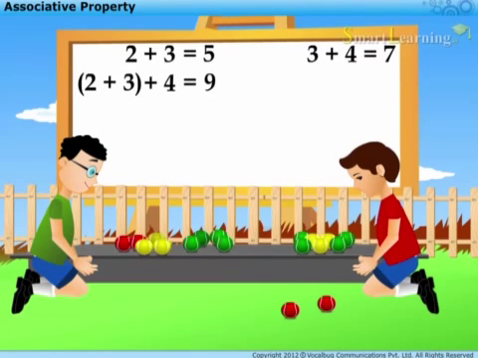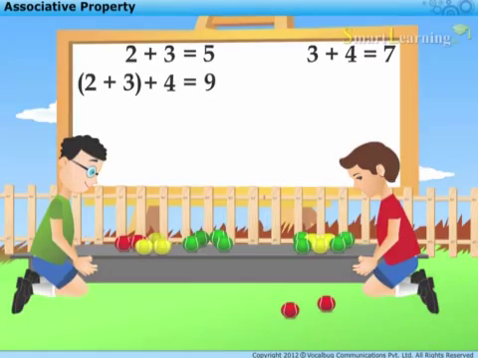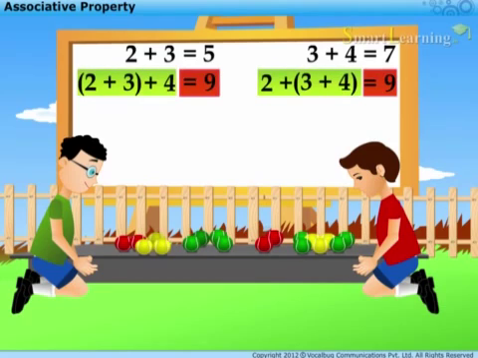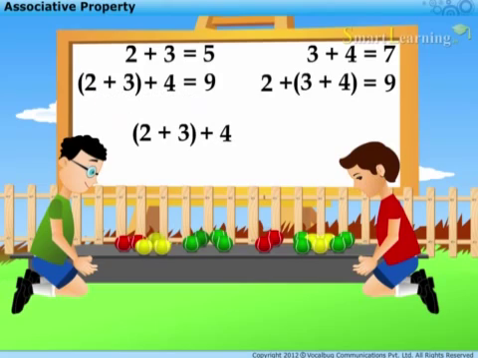He then adds the number of red balls, that is, 2, to the sum 7, and gets a total of 9 balls. Observe that, here, Peter and Sam have added the numbers in 2 different ways, but obtained the same total. So, we can say that (2 plus 3) plus 4 is equal to 2 plus (3 plus 4).